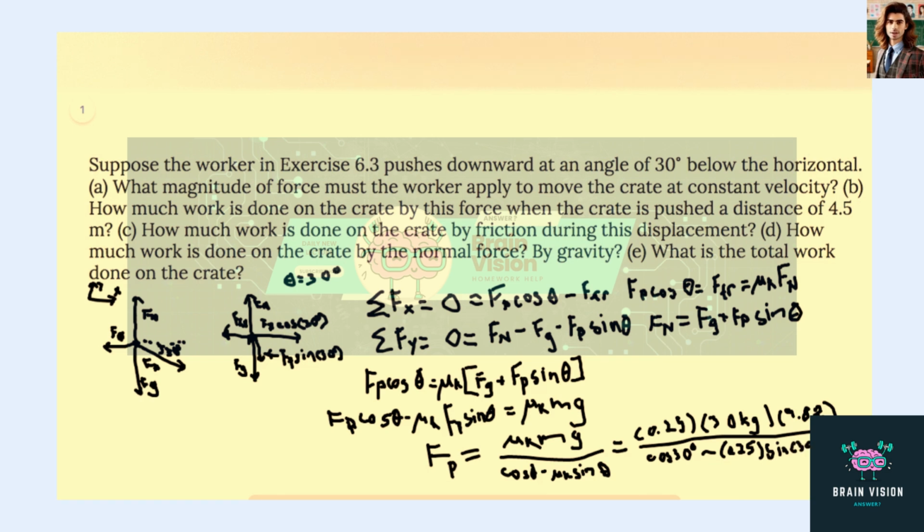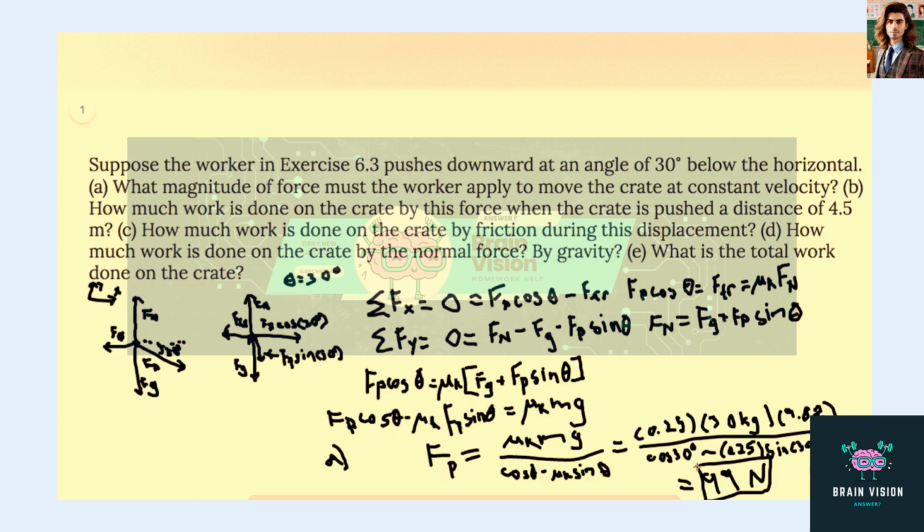And when I calculate that all out, again using only rounding up to two significant figures, I get that the magnitude of the pushing force now has to be 99 newtons as opposed to 74 newtons in order to move this crate at a constant velocity. So this is our answer for part A.